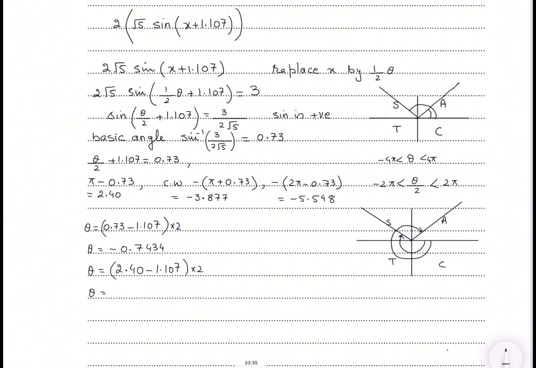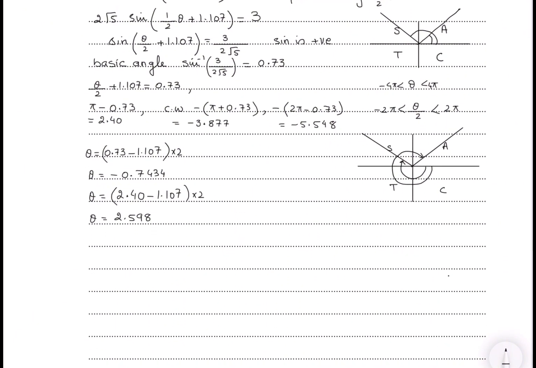And the second one is 2.4 minus 1.107 multiplied by 2, theta is 2.598, and negative 3.877 minus 1.107 multiplied by 2, so this is minus 9.96, and the last one is minus 5.548 minus 1.107 multiplied by 2, this will be minus 13.31.